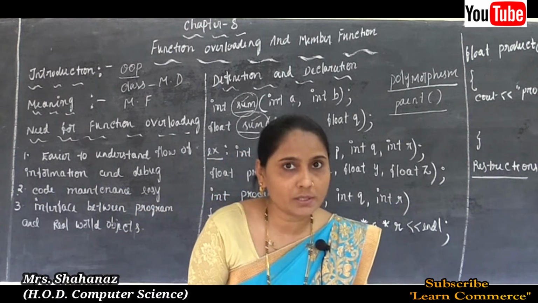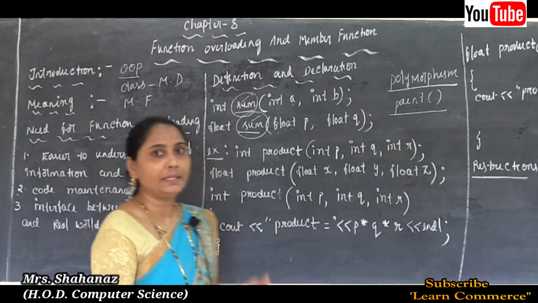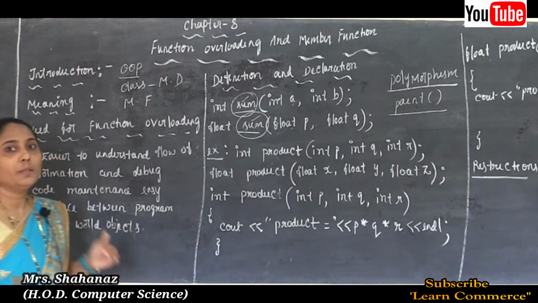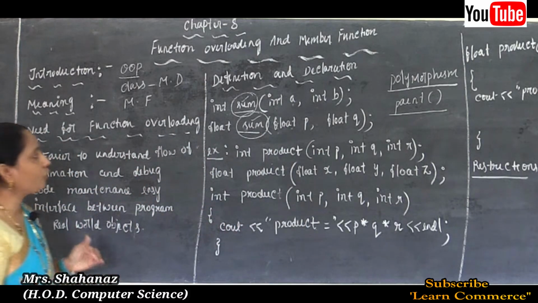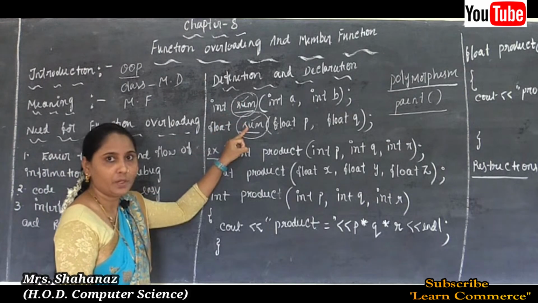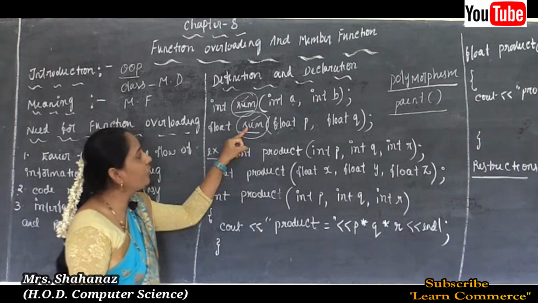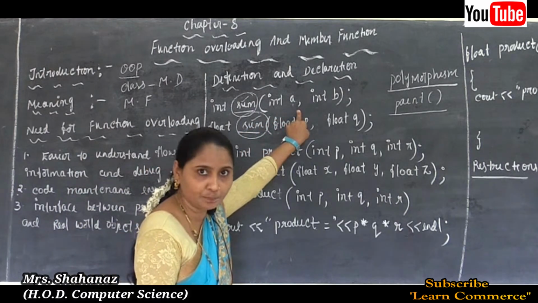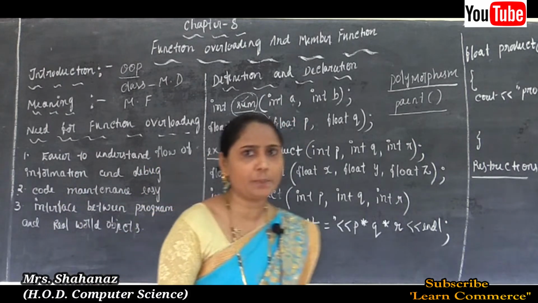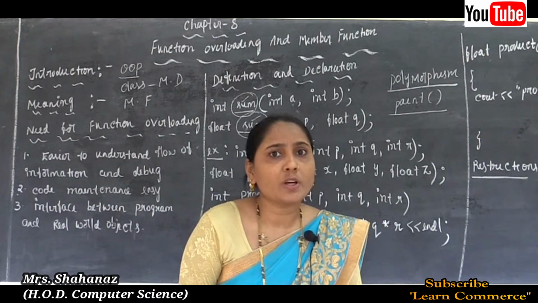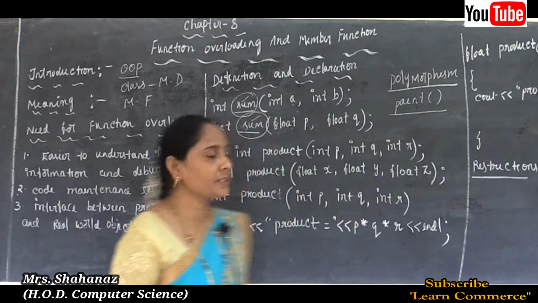So in other words, the meaning is defining the same function name to carry out different types of activities with various data items. So this is the meaning of function overloading. Clear this point here?